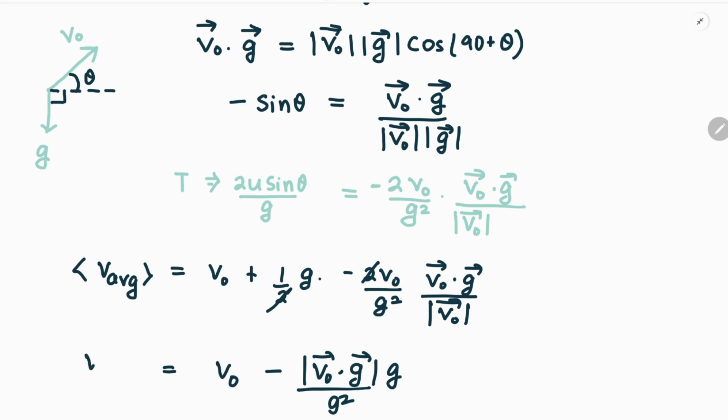So this is the expression for the mean velocity vector over the entire duration of motion: v naught minus v naught dot g by g square, dot g. This is the answer for problem number 1.28.